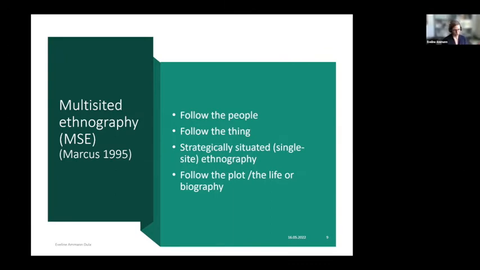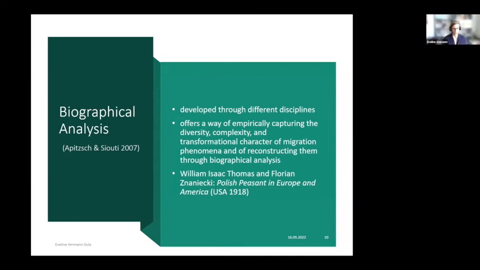If you cannot follow the people, you can get their experiences of having traveled or having changed location by asking them about their life course or biography. And this is the second method I would like to explain a little bit. I think it is very interesting in the field of migration to do a biographical analysis, because even for people living in Switzerland, by asking them about their life course, you can get information about their childhood.